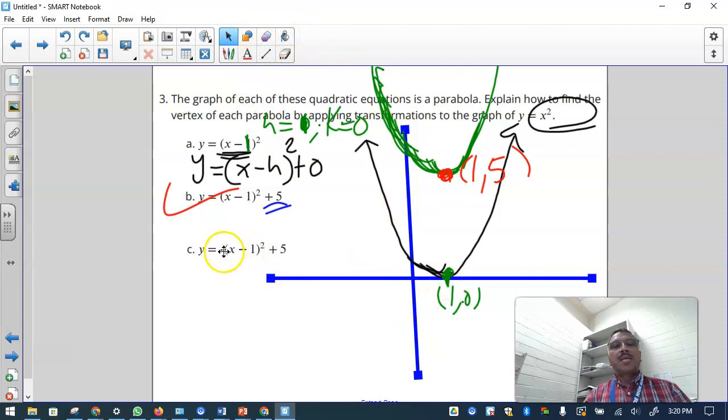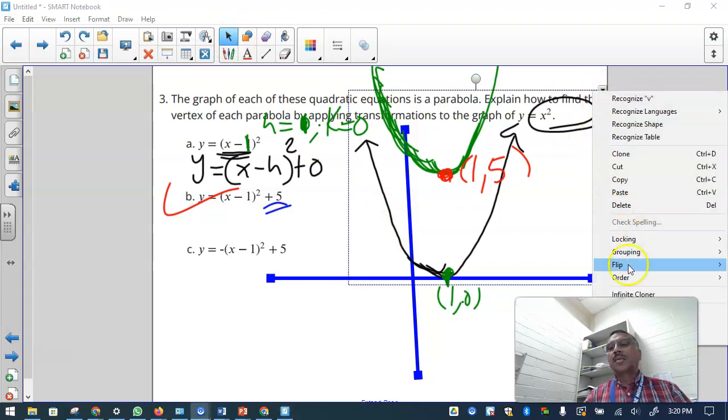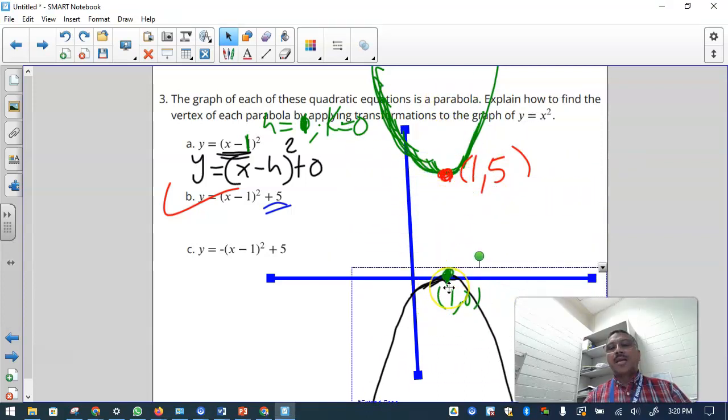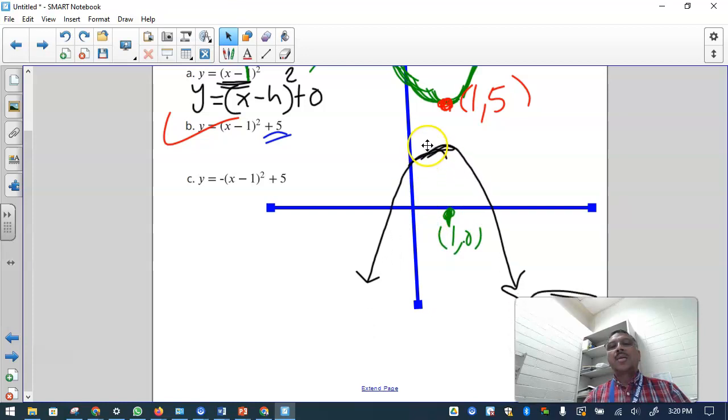There's a minus sign here, so what does this mean? The black graph gets reflected over the x-axis. If I keep it like this and flip, see, this graph gets reflected here first. And after that, there is a +5, and then it goes up 1, 2, 3, 4, and 5.